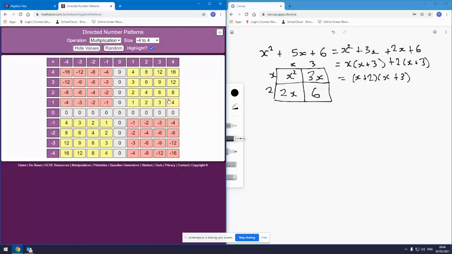It works in a similar way to how this works. And again, it might be useful if pupils have seen something like this beforehand and have recognized these patterns, that positives appear in the upper right and lower left quadrants, negatives appear in the lower right and upper left quadrants when we're multiplying the values that are associated with these axes.